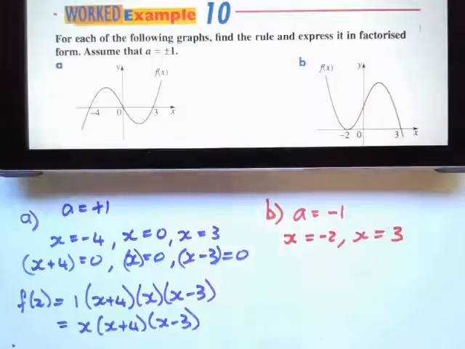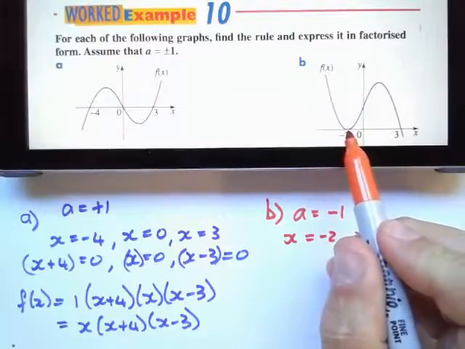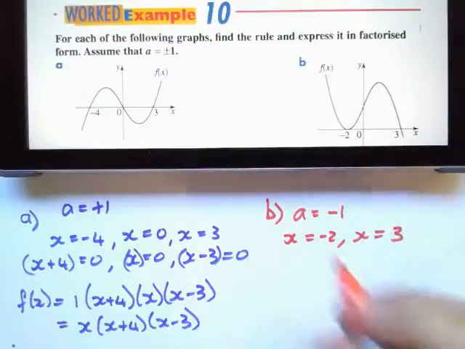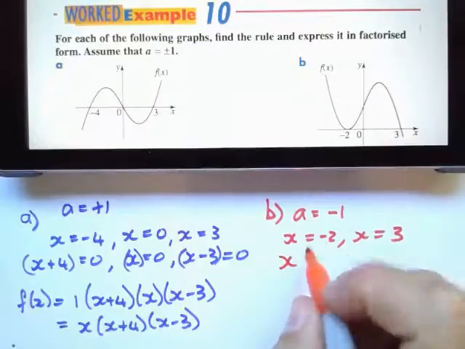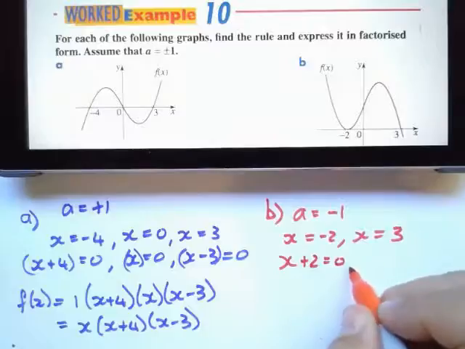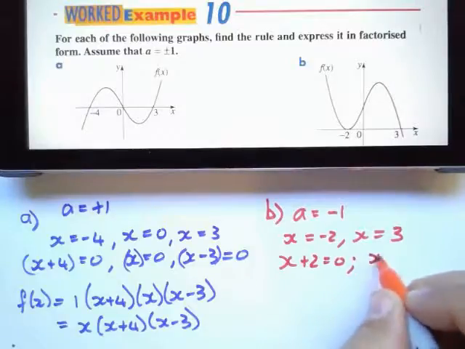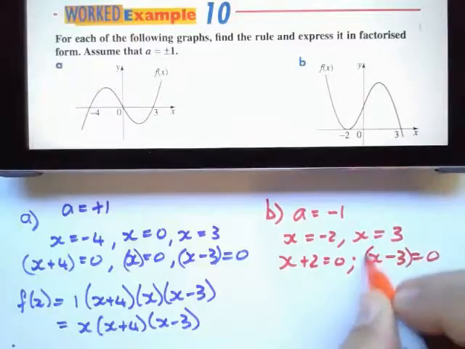Now remember, if I have a turning point on the x-axis, it means that factor is going to occur twice, which means x, if minus 2 goes over, it becomes x plus 2 equals 0. And x, 3 goes over, x minus 3 equals 0.